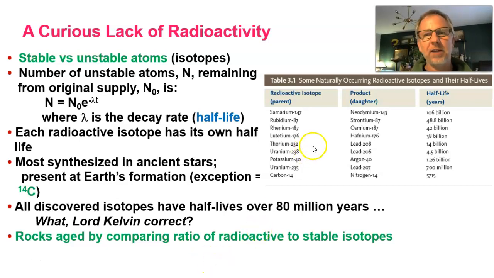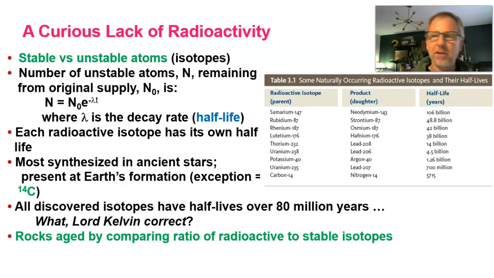Look at the table that I've inserted here. It's giving you some examples of radioactive parent isotopes, and then showing you in the middle column the daughter isotopes that form from them. For example, samarium-147 has a half-life of 106 billion years. It takes 106 billion years for half of a sample of samarium-147 to turn into neodymium-143.